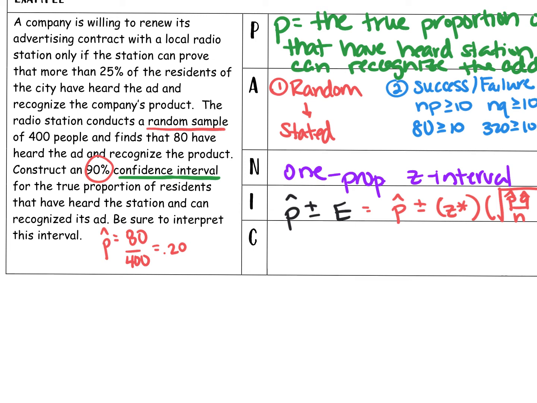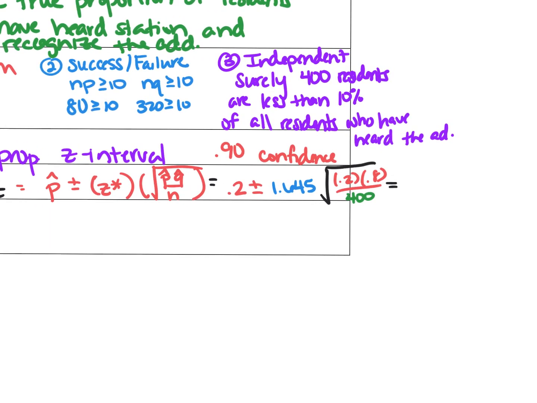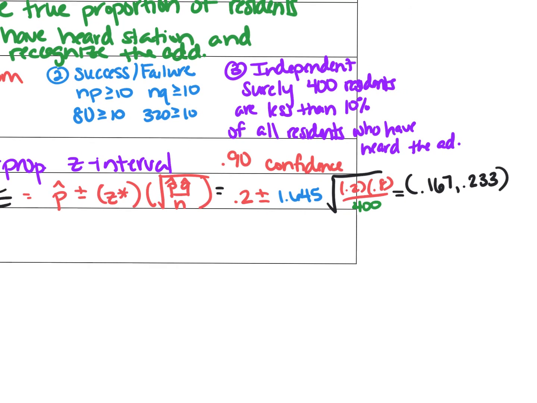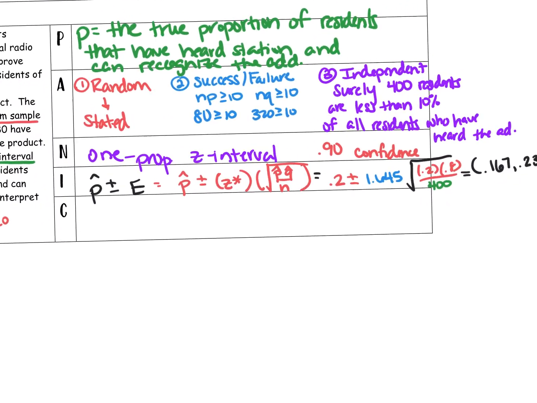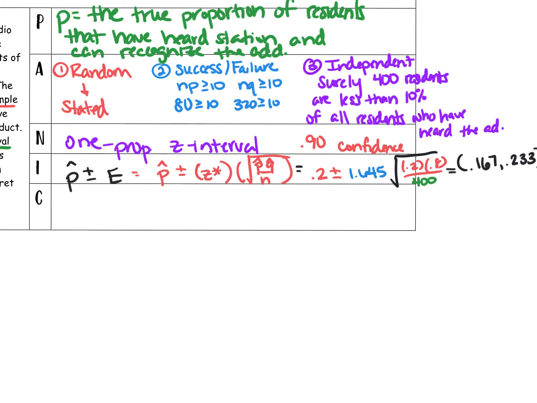And when I press OK, I see that my lower bound goes from 0.167 up to my upper bound, which is 0.233. Now that I have the bounds written, I can interpret what this interval actually means. We always use this blanket statement to start it. We are the confidence level here, which is 90%.